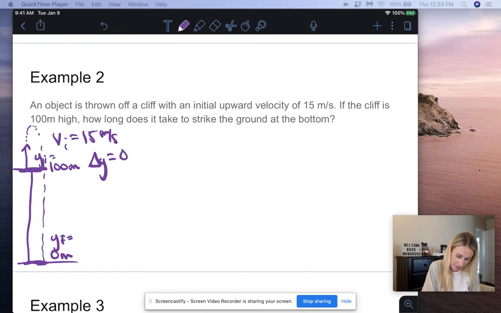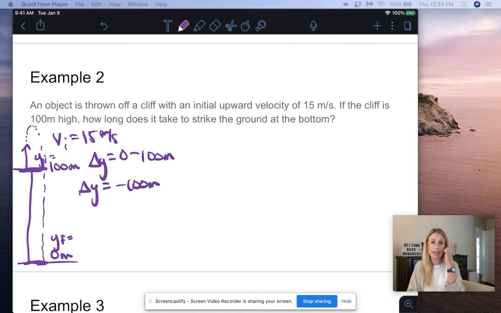So final minus initial gives me a negative delta y. Be careful with that. And then we want to know how long it takes to strike the ground at the bottom.